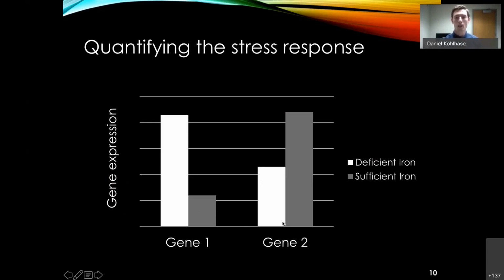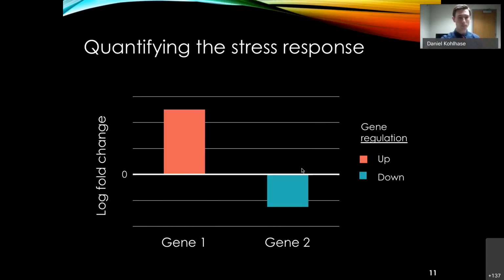And in gene 2, we see the opposite, where deficient has lower gene expression and sufficient iron, this gene has higher levels of expression. So what this translates to is we would say that gene 1 is upregulated, and then gene 2 is downregulated. So in this experiment, what we did is we took that concept, applied it across the genome in all 18 of our genotypes and across both tissue types.